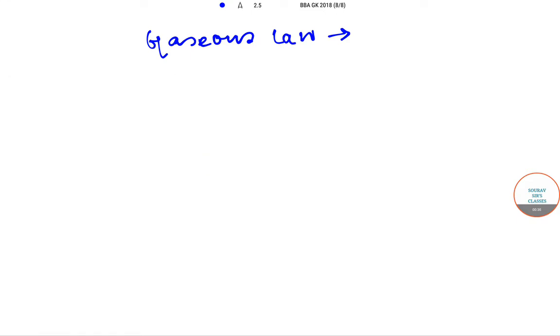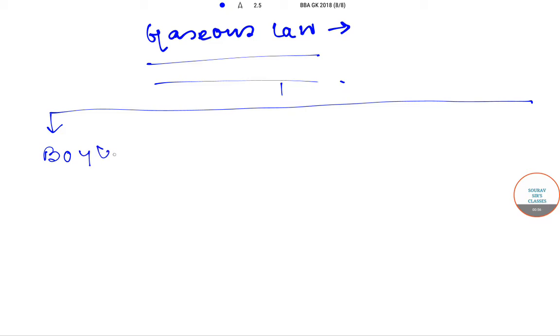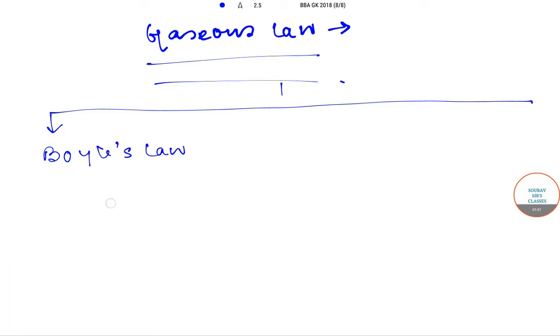So here in the gaseous law, our first law will be Boyle's law. There are so many laws on the basis of gaseous law, and the first one is Boyle's law, B-O-Y-L-E's law.